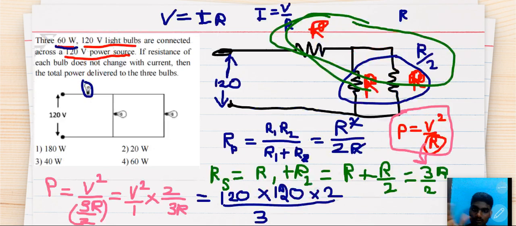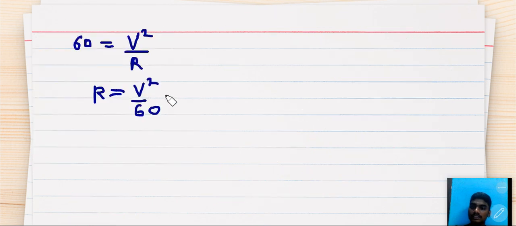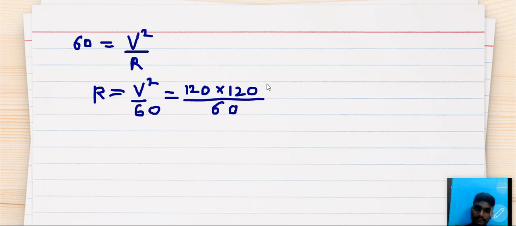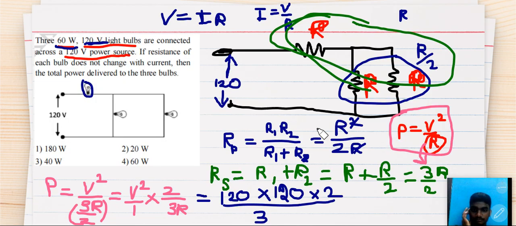Every bulb has 120 volts. So 120 square, 120 into 120 by 60. By cancelling, 240. So the resistance of a single bulb is going to be 240.